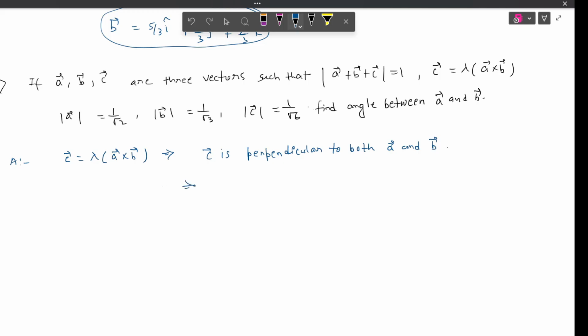So if C is perpendicular to both A and B, we can say that C dot A and C dot B should be 0, because the dot product should be 0 as the vectors are perpendicular. We know that if A and B vectors are these, then this should be A cross B. So it is along the normal vector. So C vector is perpendicular to both A and B.